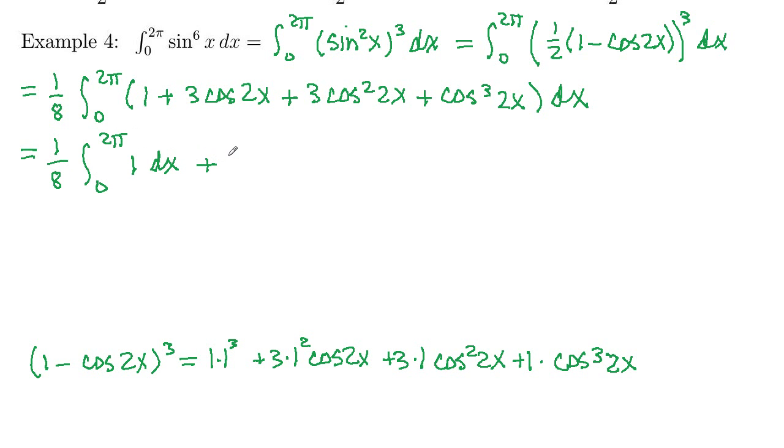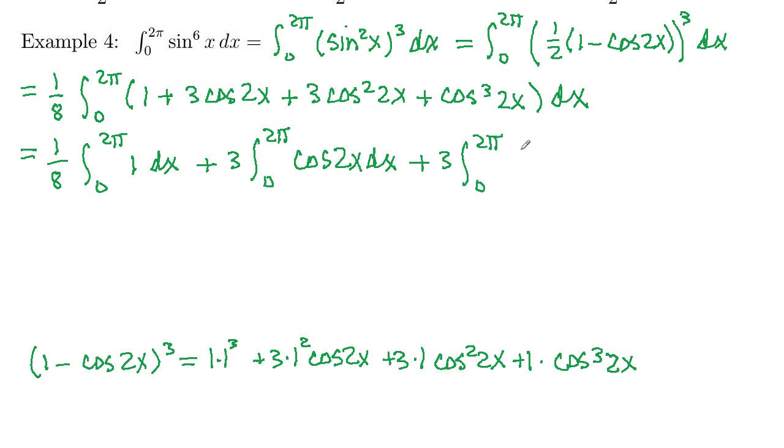plus the 3 will factor out of the integral, and then the integral from 0 to 2 pi of cosine 2x dx, plus the integral of this term. We'll factor the 3 out in front.